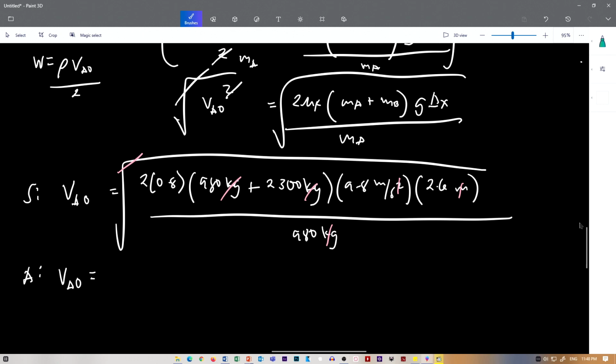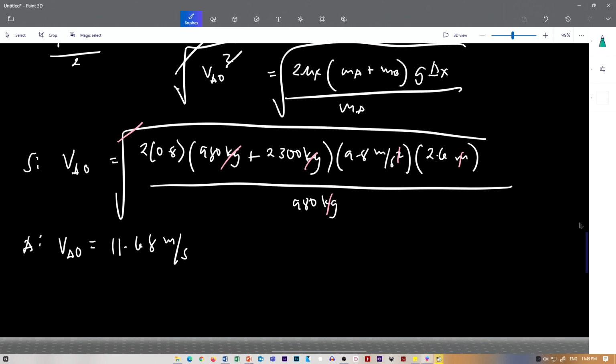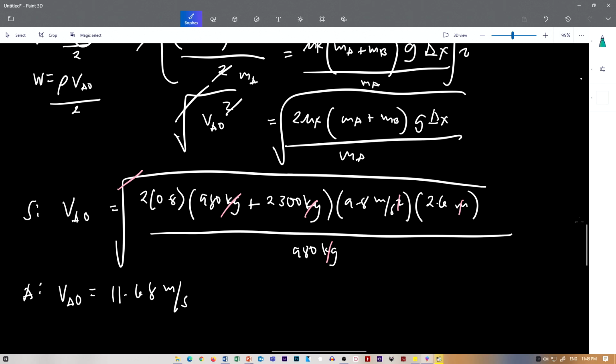Okay, all divided by 980. So what's our answer? There you go. The velocity of our car is 11.68 meters per second. So if you're going to look for that in kilometers per hour, which is how we measure the speed of our sports car, so that would be really fast.